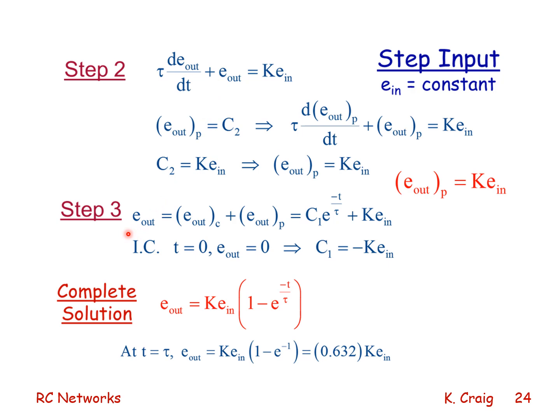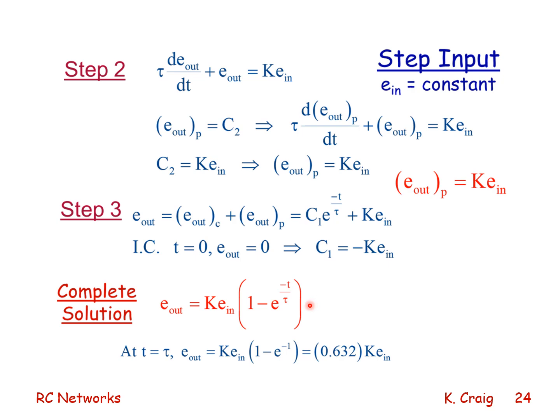Step 3, combine the complementary solution with the particular solution, which we do here. To solve for C1, I apply the initial condition. At time t equals 0, E out equals 0, which leads to C1 given by this expression. The complete solution then is given by this expression.